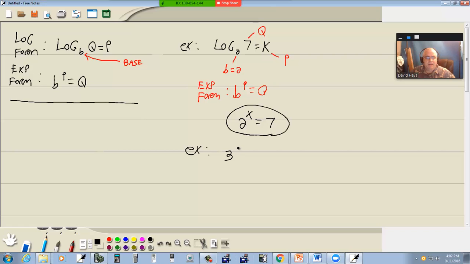Now if I had this right here, 3 to the third is equal to x. And the question was to put it back into log form. Well, this is already written in exponential form. And we said with the exponential form, our power is our p. So this is our p. Then what's the left of it is our b. And then the other side of the equals is our q.